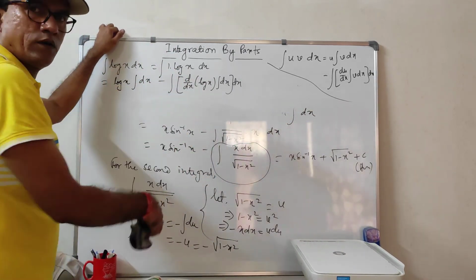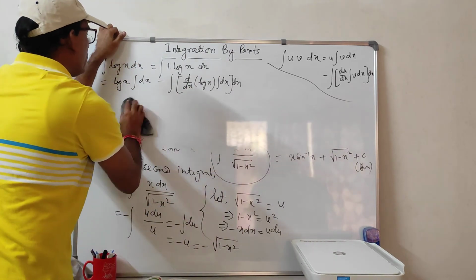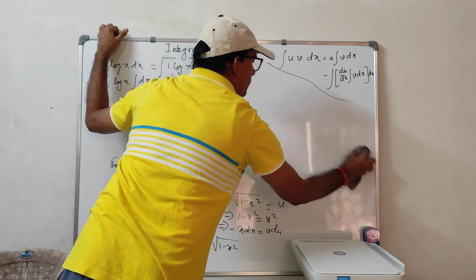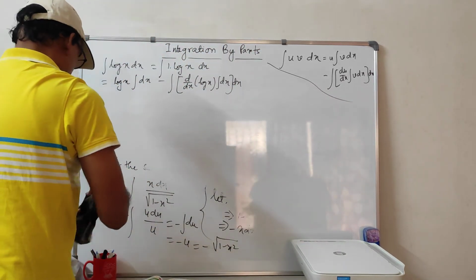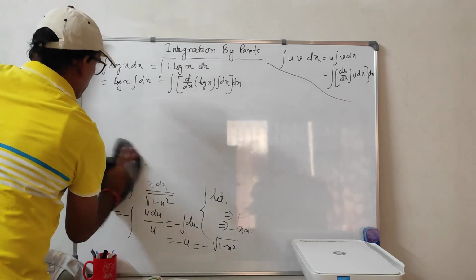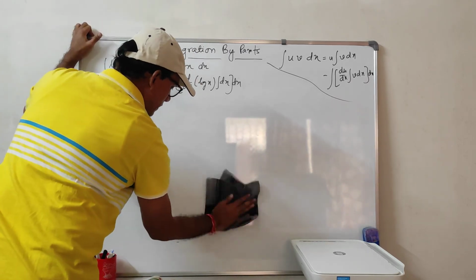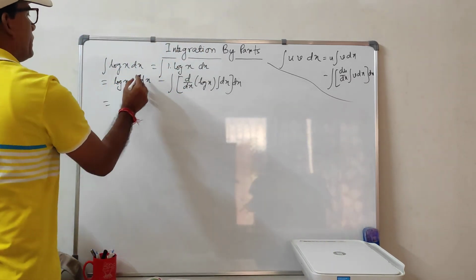Hope you noted all well. So I am working all this out. So what is the second, third line? See, it's very easy. So integration dx is x.